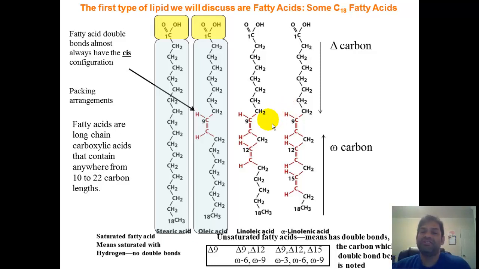Now, phase transition temperatures are going to be important here. The phase transition temperature for a saturated fatty acid, we would expect to be high. That is the temperature at which the fatty acid will be either in a gel form or in a solution form. Now, it's worth noting the acyl chain in the liquid form is all loose, loosey-goosey.